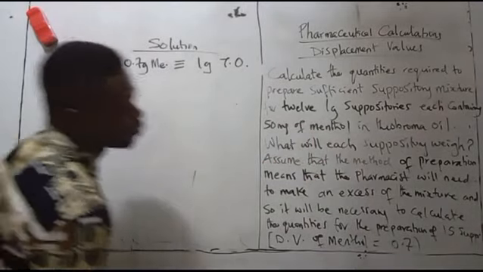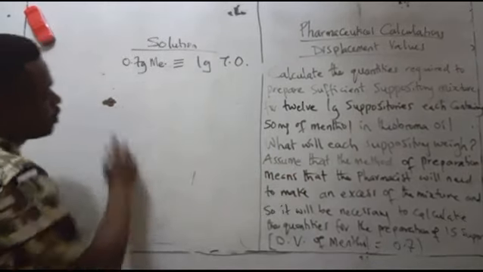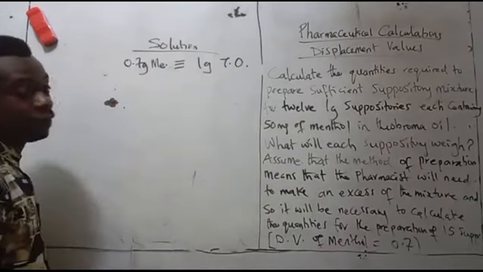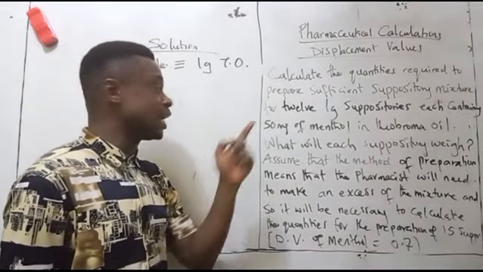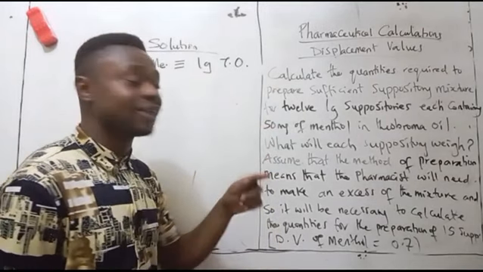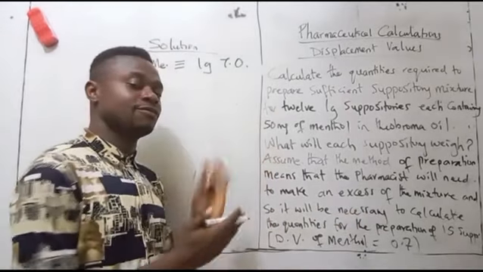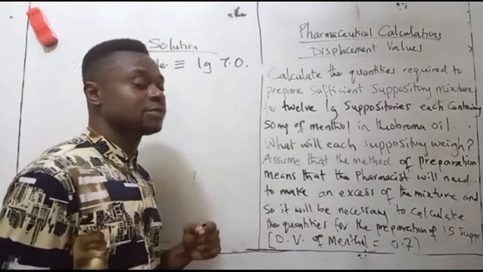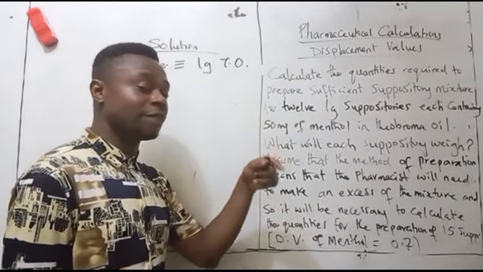Now, if 0.7 gram of menthol displaces 1 gram of theobroma oil, for the 15 suppositories we have 50 milligrams for one suppository. If you convert this to gram, it is 0.05 gram. So we have 0.05 gram times 15 suppositories. Sorry, it's not 3.75 gram.